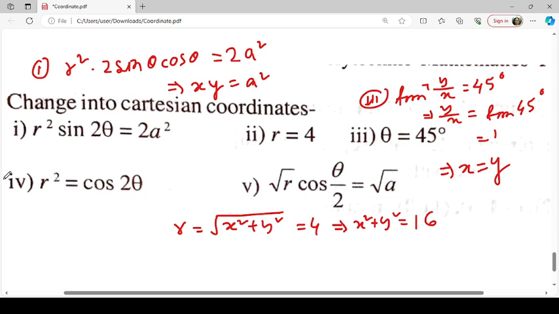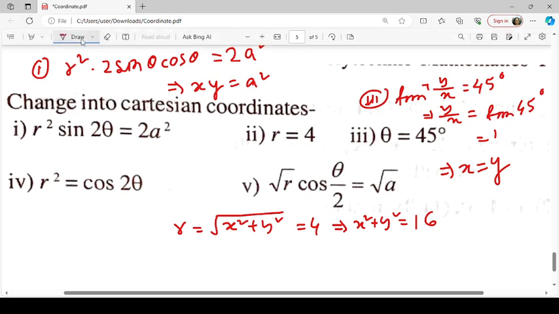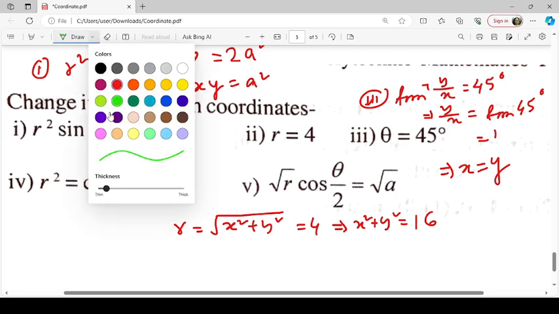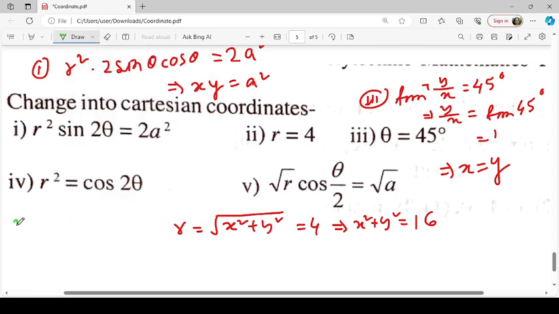So in this way we do this. Similarly, number 4, r² is equal to cos 2θ, which is cos² θ minus sin² θ.